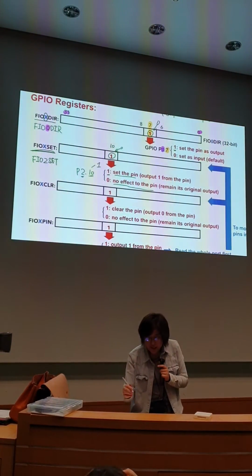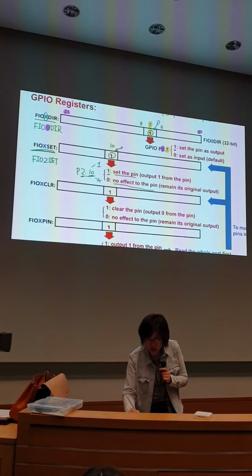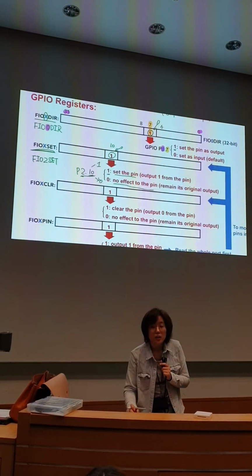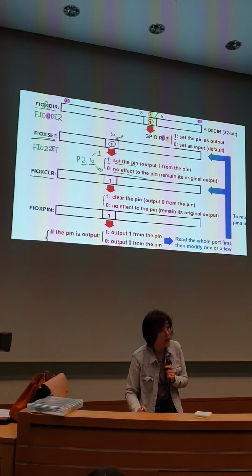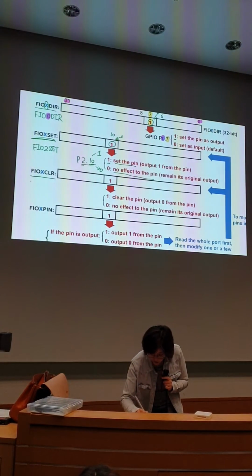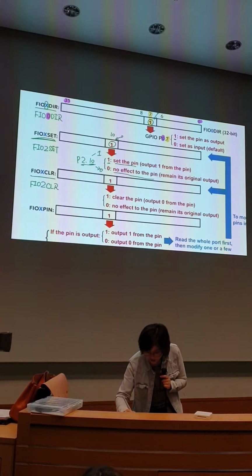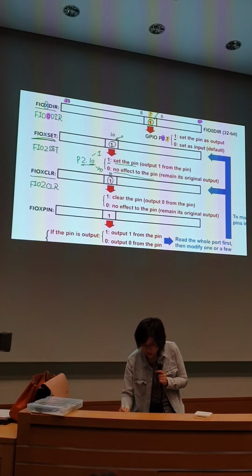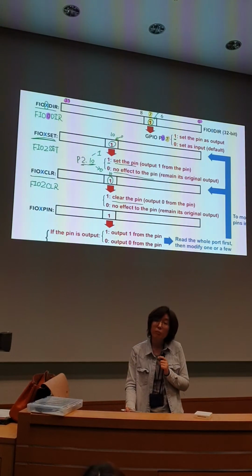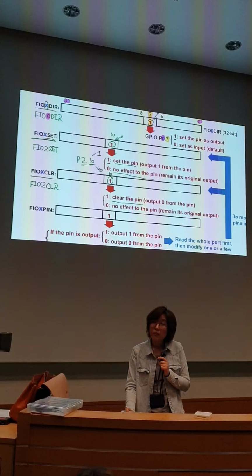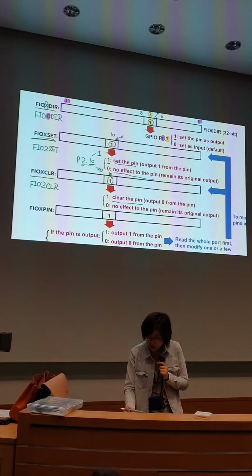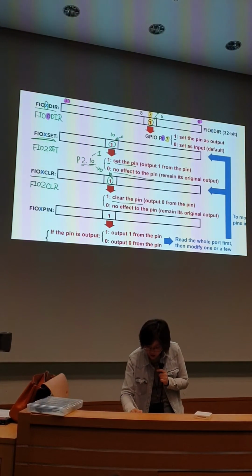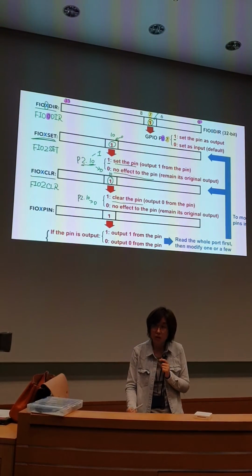So what if I want this pin to output 0, not 1? You need to go to the clear register. So you need to go to FIO2 CLR, bit 10 location. Write 1 here. You are clearing the pin. So if you write 1 here, P2.10 is actually outputting 0.